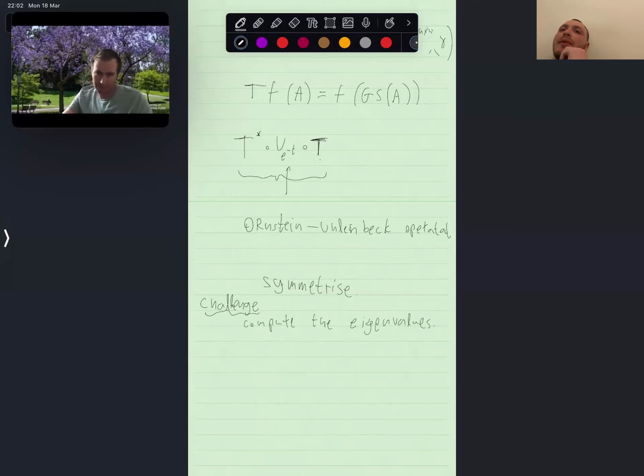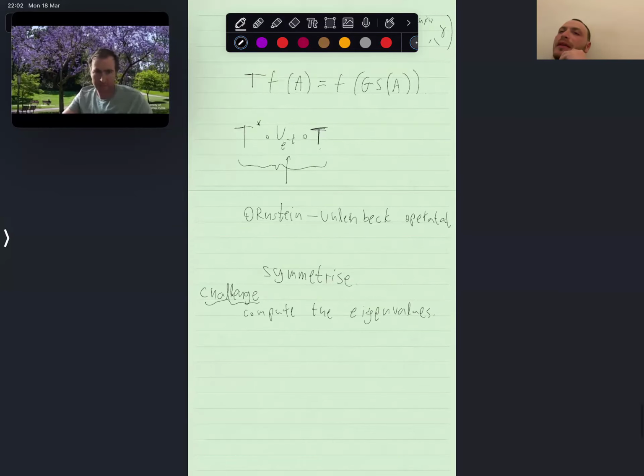This operator is hypercontractive for free, but it doesn't help you to have a hypercontractive operator unless you can say something about its eigenvalues, because you can always take the expectation to be hypercontractive. The way you compute eigenvalues is you use representation theory.